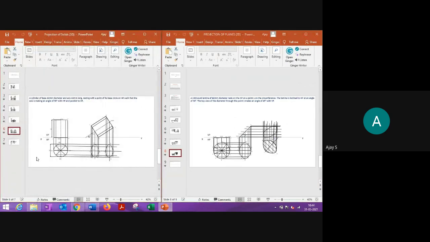Do you see this first image? Yes, sir. First 4 images you just see. 1, 2, 3, 4 of circular lamina and 1, 2, 3, 4 of cylinder. We are reducing the number of lines so that it won't be messed up like this. Okay.